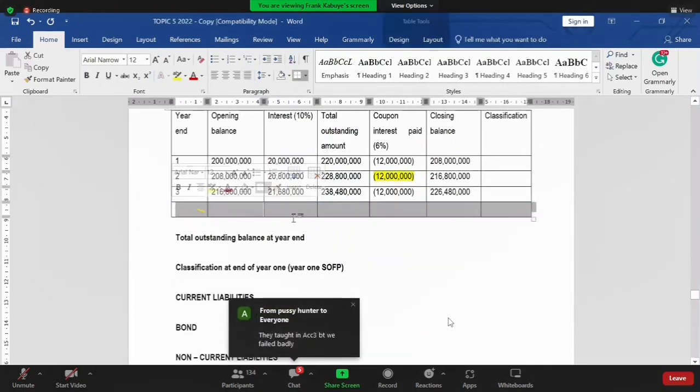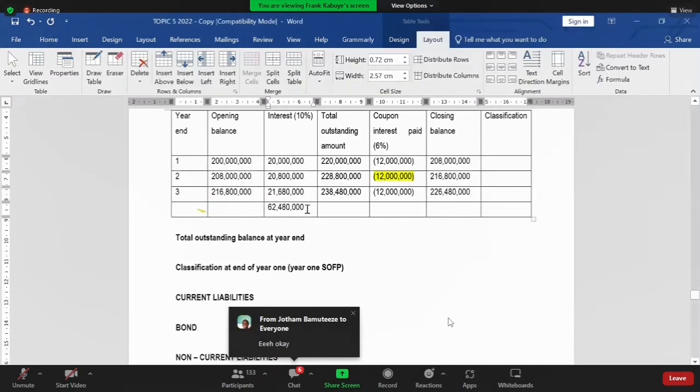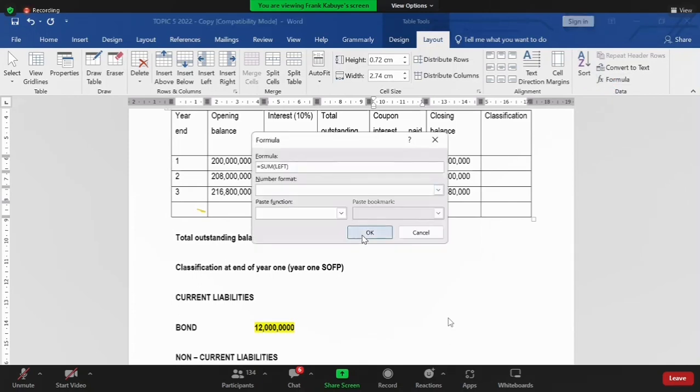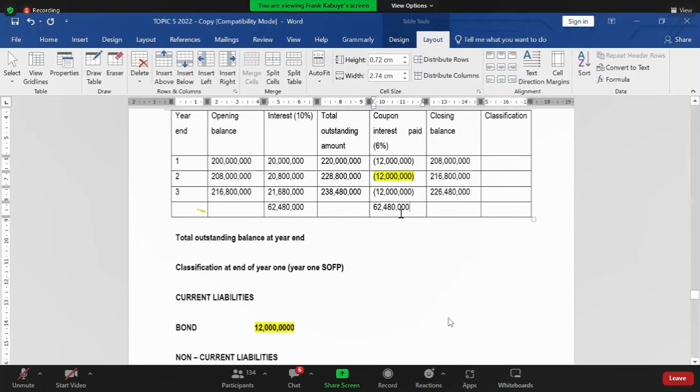If you add the interest here, the total will be 62,800. Then for the coupon, we shall have paid a total of 62. This one will be 36. And then this is the outstanding balance.